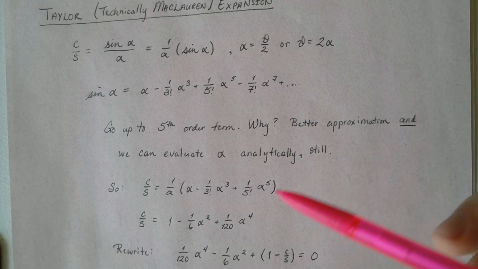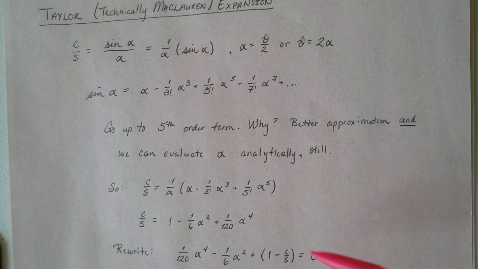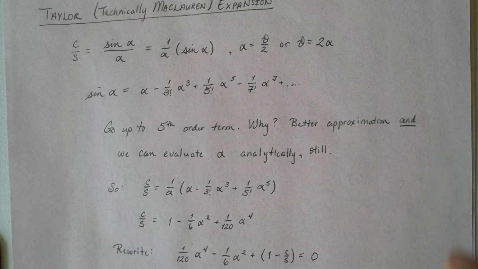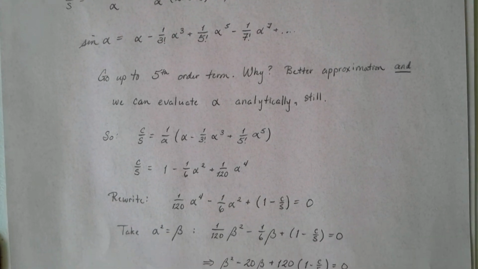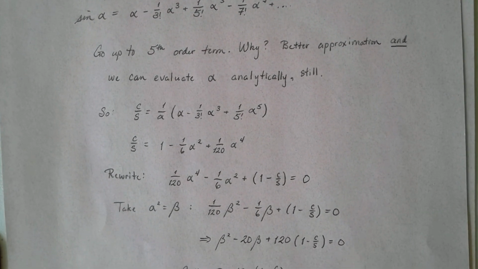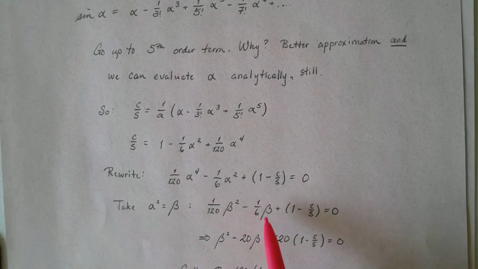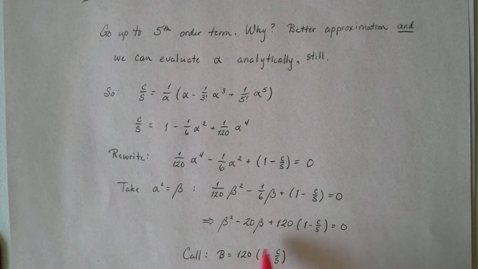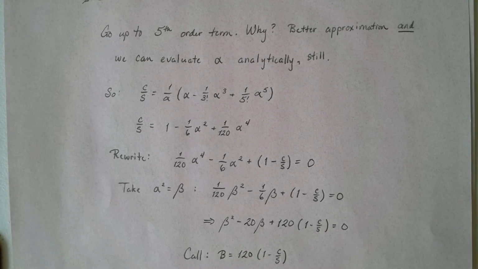All right, we can then rewrite our equation in order to produce a quadratic equation, which I then make by substituting alpha squared with beta, to explicitly make it look more like a quadratic equation, and reducing it slightly even more to make it more apparent.